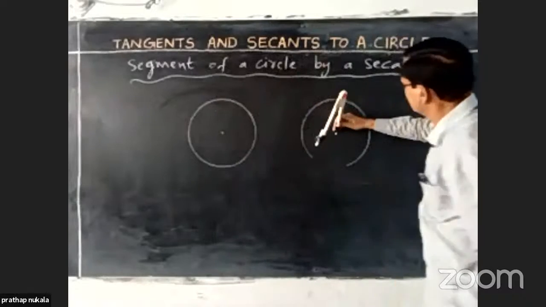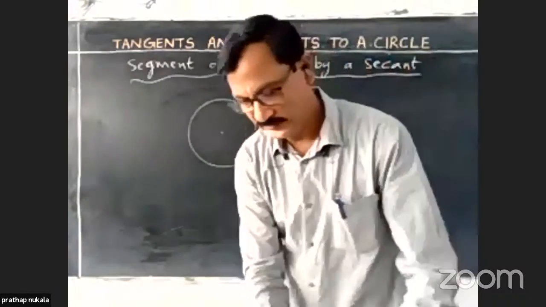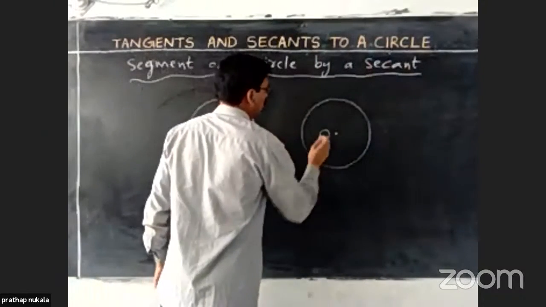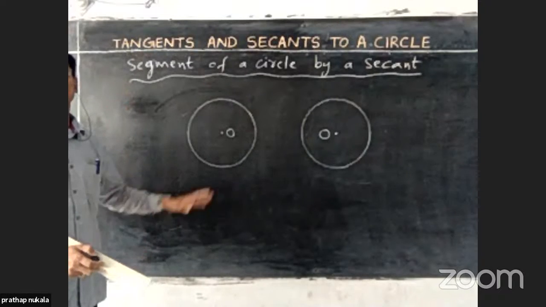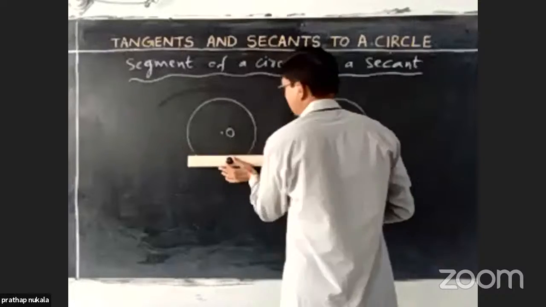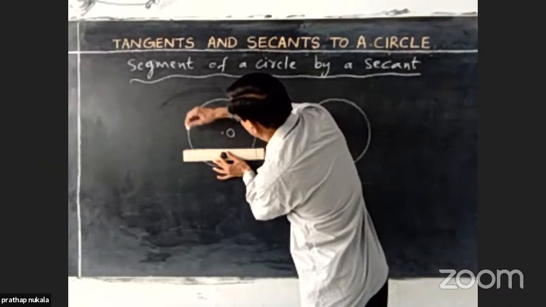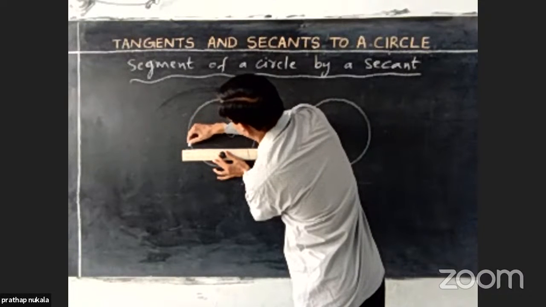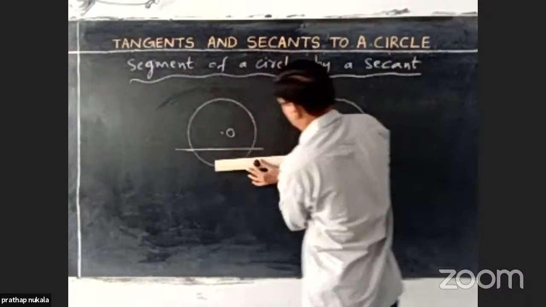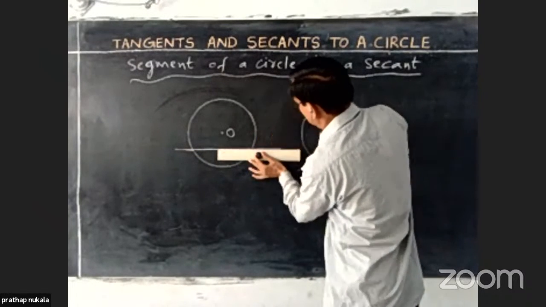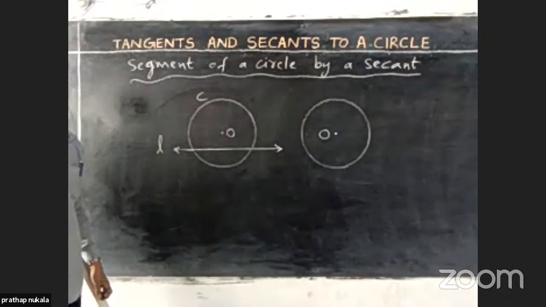I am drawing two circles with center O. Now, if a line intersects the circle somewhere on the circle, if we draw a line like this, call the line as L, the circle as C.